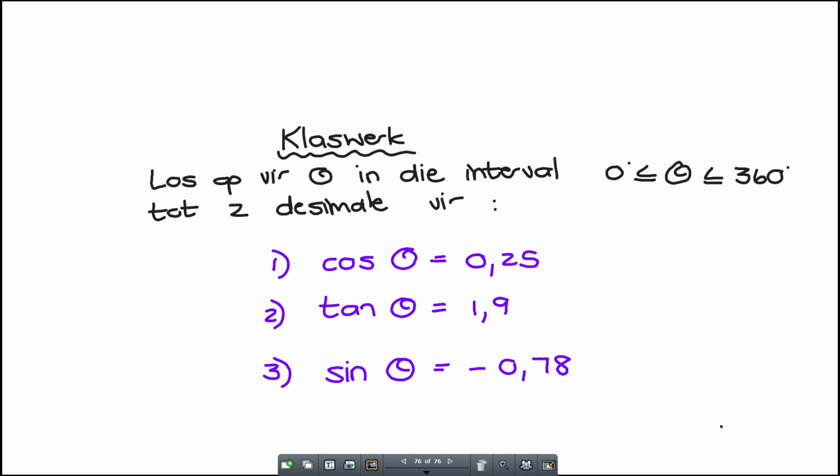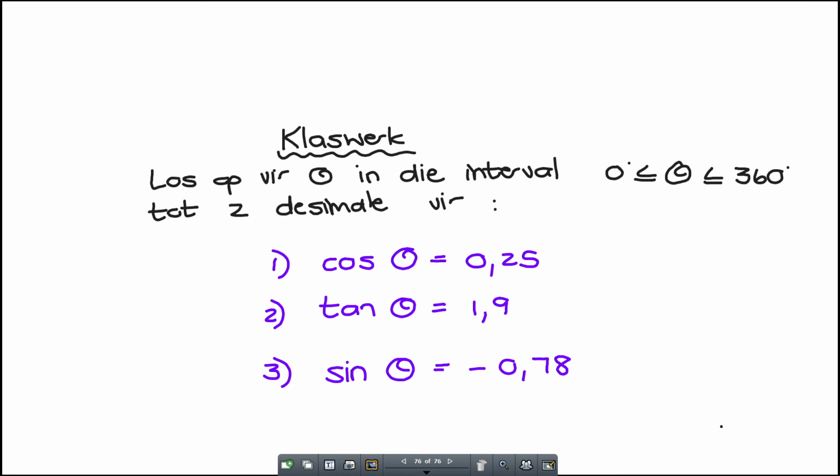Okay, so net daai drietjies, né? Use the same steps. Get your reference or your help angle, then determine which quadrants, get your general solution, and then see where would it fit into that interval. En vir al drie van hierdie is die interval net tussen 0 en 360, so lekker maklik, né?